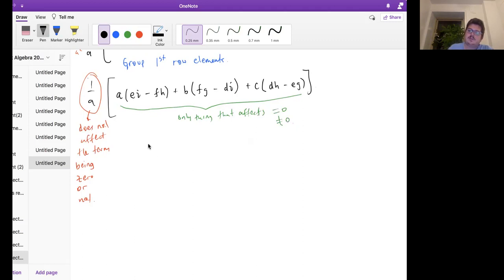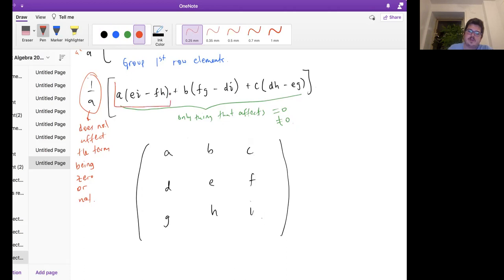So let's look at our first original matrix and see if there's anything about this formula that we can see. C, D, E, F, G, H. All right, let's look at this first term. Okay, EI minus FH.